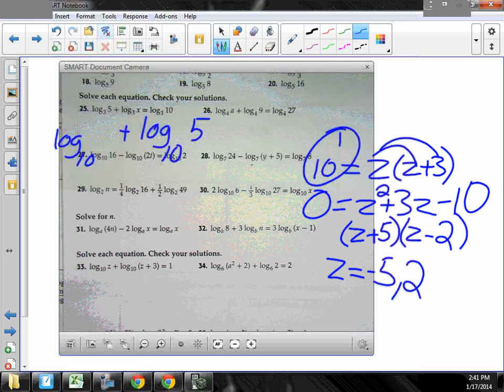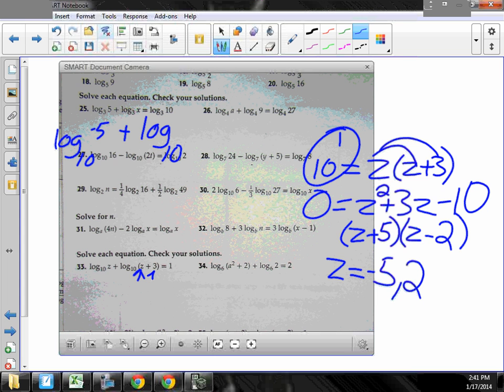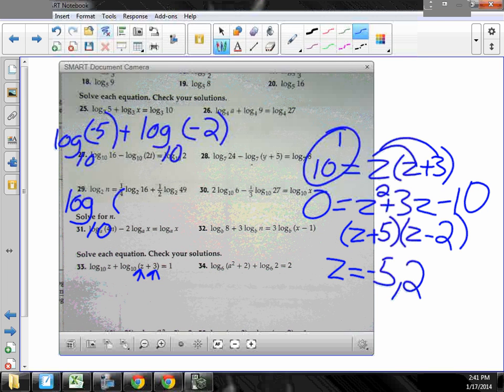Log base 10 of -5 plus log base 10 of -5 plus 3 is -2. If I combine those, I get log base 10 of -5 times -2 is 10. Does that equal 1? We cheated.